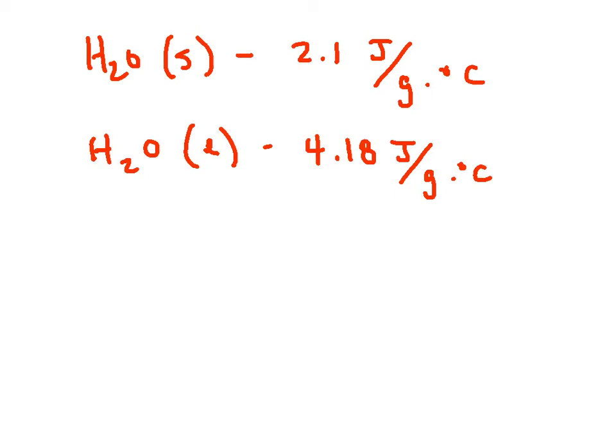And what this is saying is that it only takes about half as much energy to raise the temperature of ice, 1 gram of ice, by 1 degree than it does liquid water.